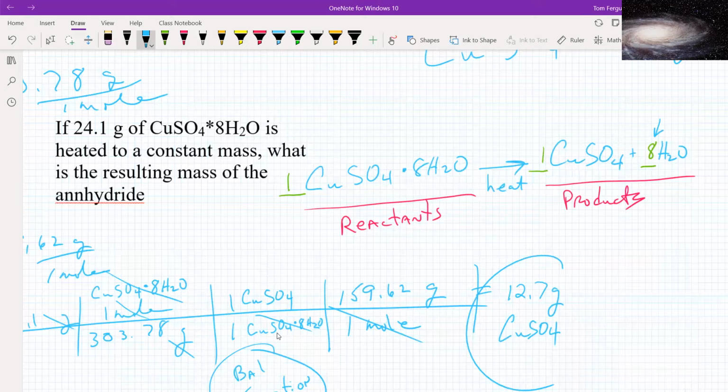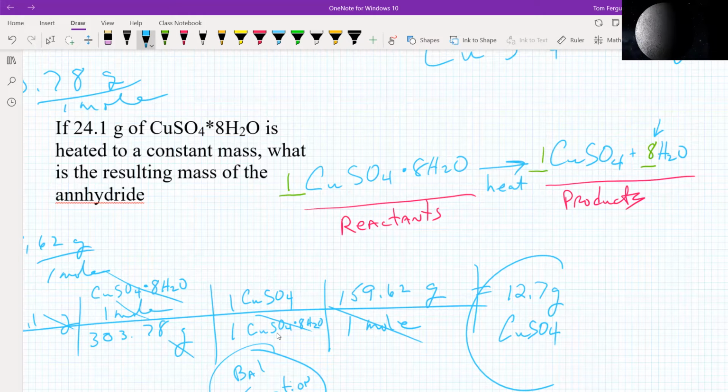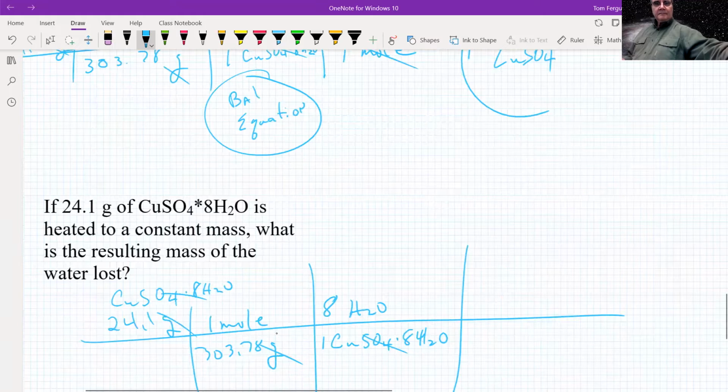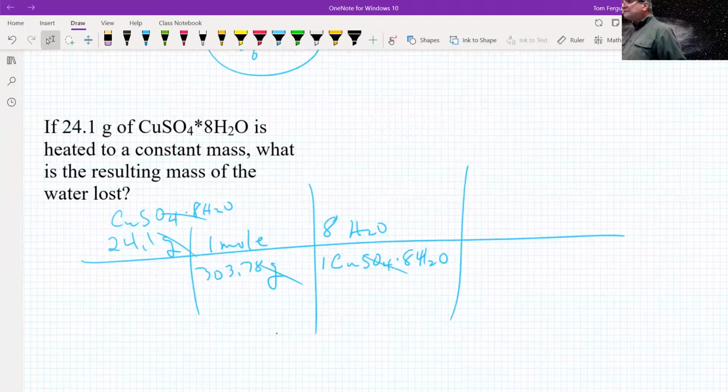So the ratio of this to that is 8 to 1. So each mole of this gives 8 moles of water. Okay. Molar coefficient ratio. Now that gives us moles of water. We don't want moles of water, we want grams of water.